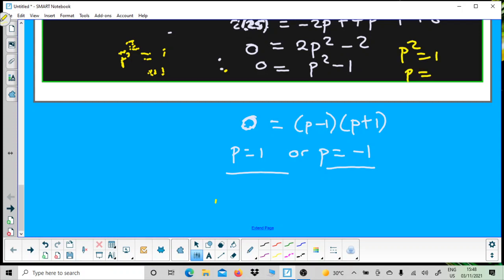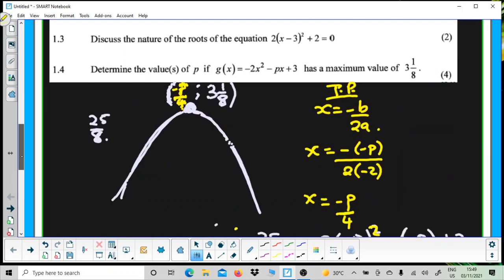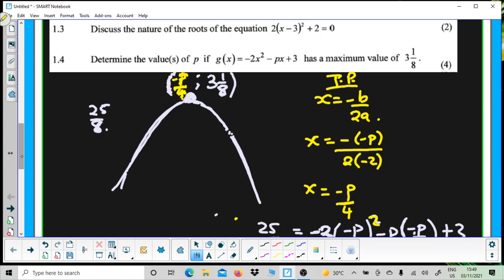Obviously, P will be the square root of 1, which will be plus or minus 1, isn't it? You can do that. Okay, let's go and figure out what the question wanted. I think we wanted to find P. Let me see. Determine the values of P if Gx is that. P was supposed to be plus or minus 1 in this situation. But let me give you time to swallow the sum.